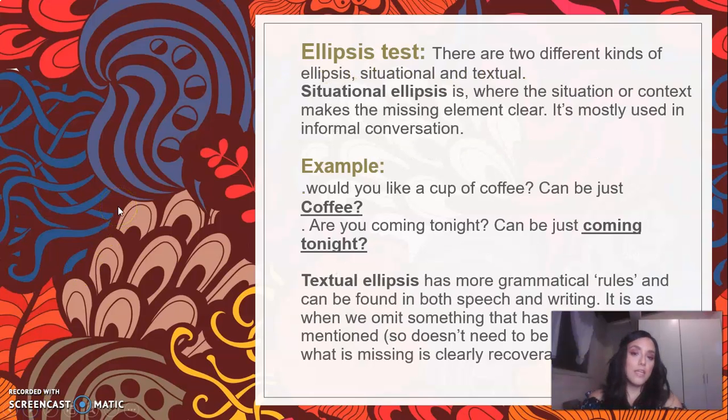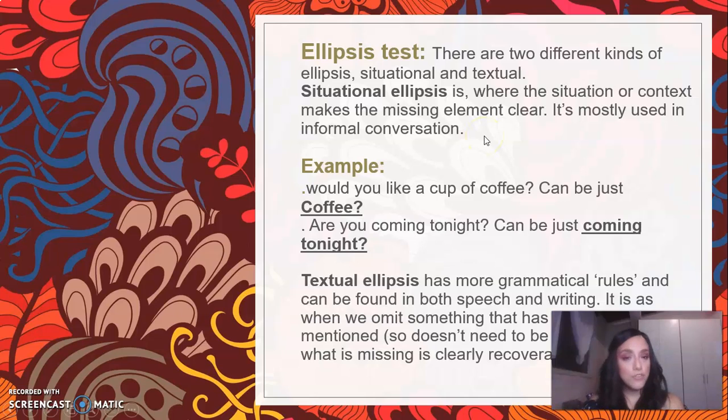Now, we have the second, the ellipsis test. There are two different kinds of ellipses, the situational and the textual. The situational ellipsis is where the situation or context makes the missing element clear. It's mostly used in informal conversation. So maybe we have heard in movies sometimes that they don't say the whole thing, like, would you like a cup of coffee?